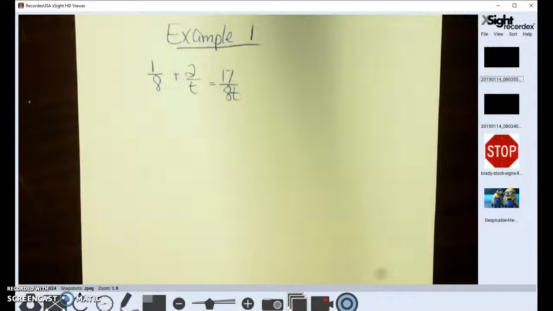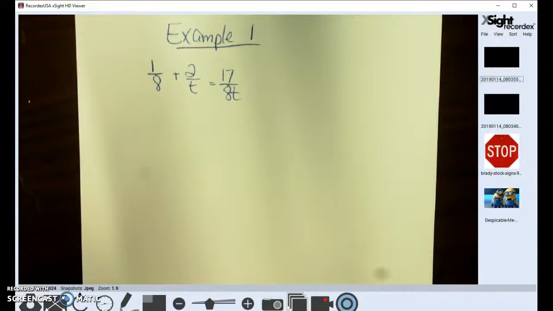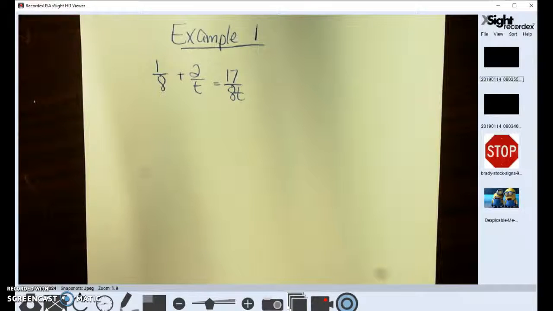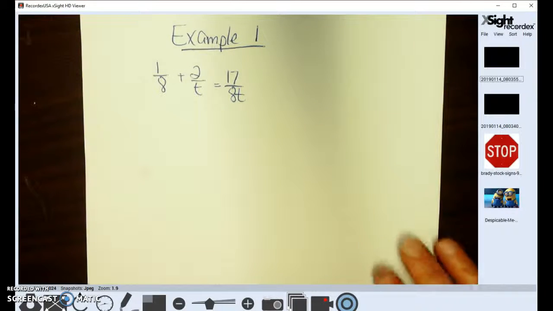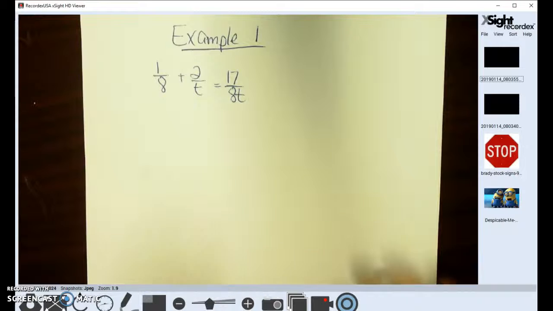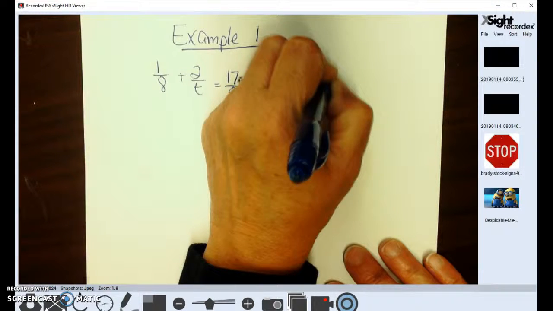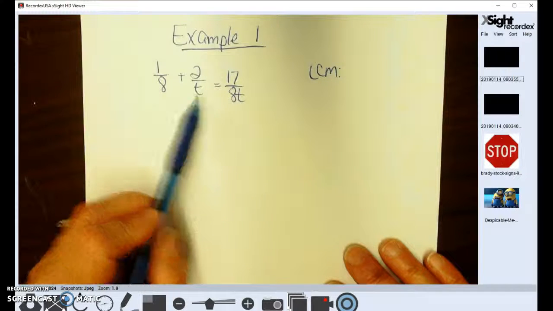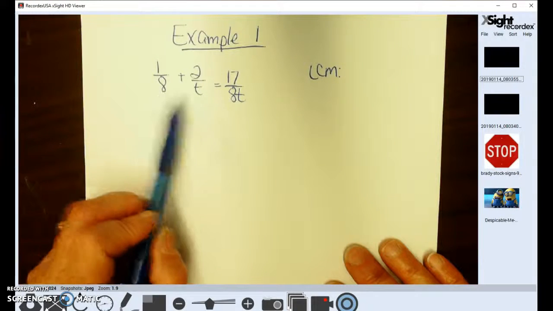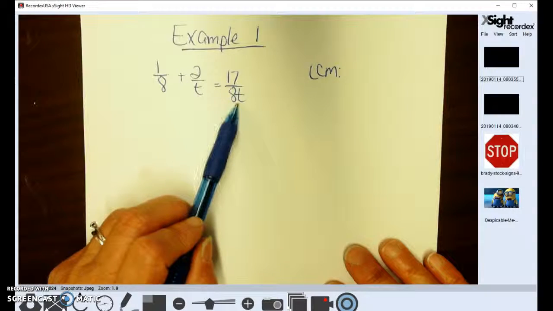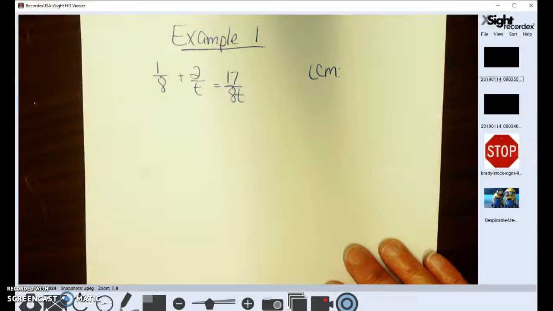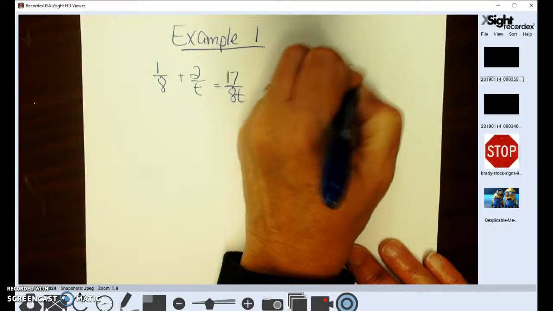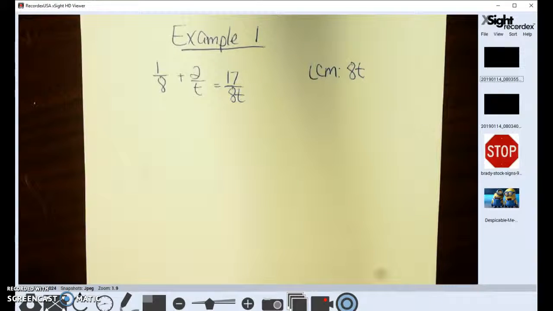So I'm looking at 1 over 8t plus 2 over t equals 17 over 8t. I am first going to look for the LCD or the LCM. If I look at 8t and t, it looks like if I multiply these two together, I'll get 8t. So it looks like the best option would be 8t as our least common multiple.